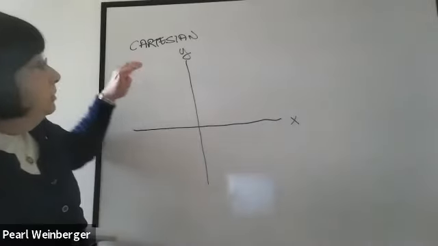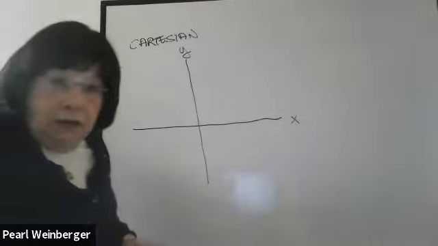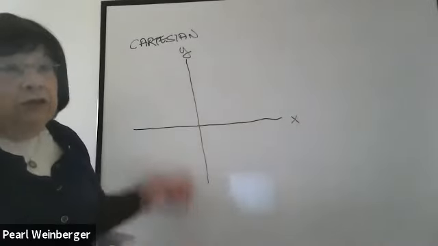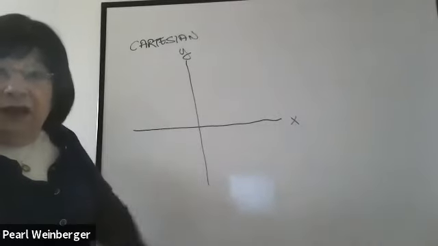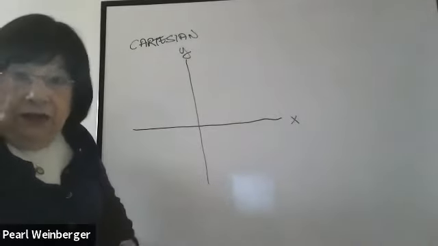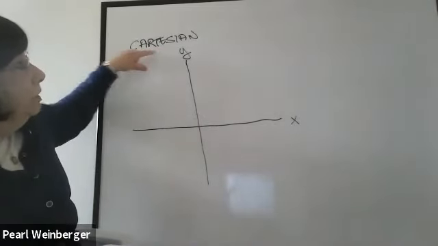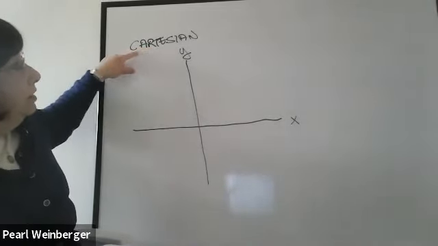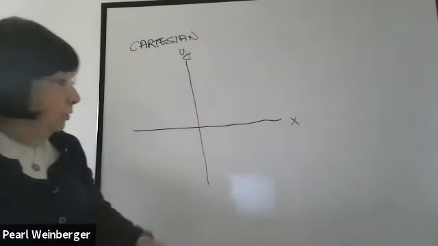He was a French mathematician. His name was René Descartes. And as a result of this innovative way of putting things on a graph, his name was used for the graphing. You see the "cart" from the Descartes in his name. So that's what the name stands for.